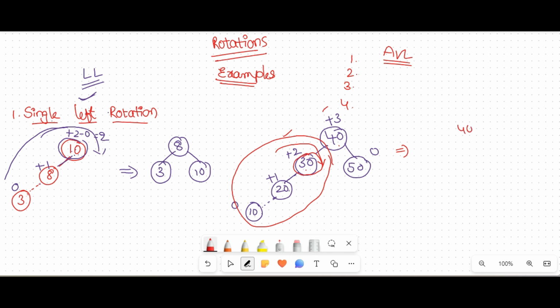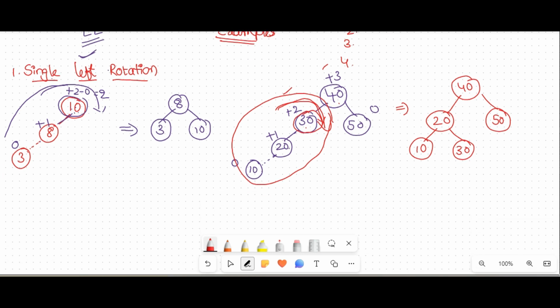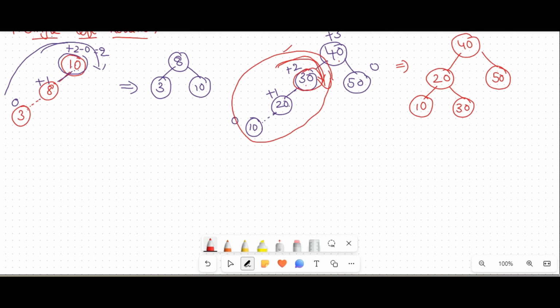Then the tree is 40, and if you rotate like this, here you will get 20, here 30, here 10, 40, and here 50. This is the second example for single left rotation.